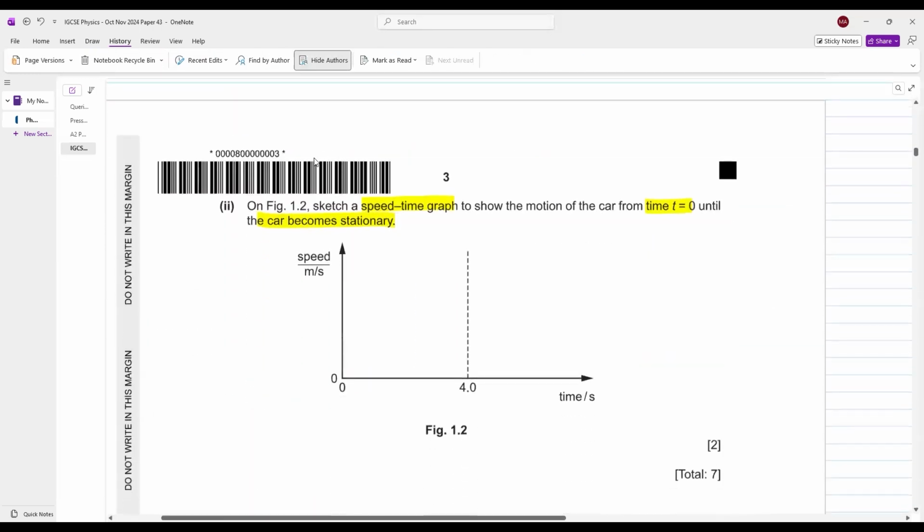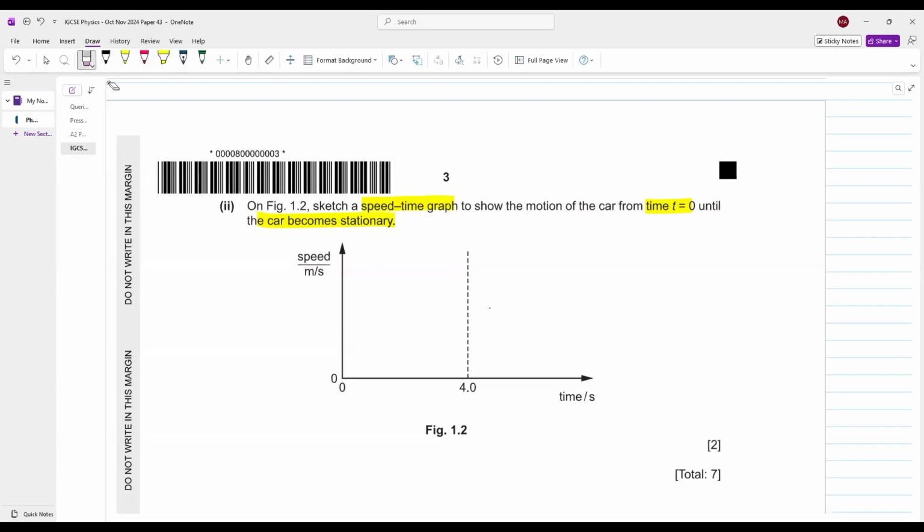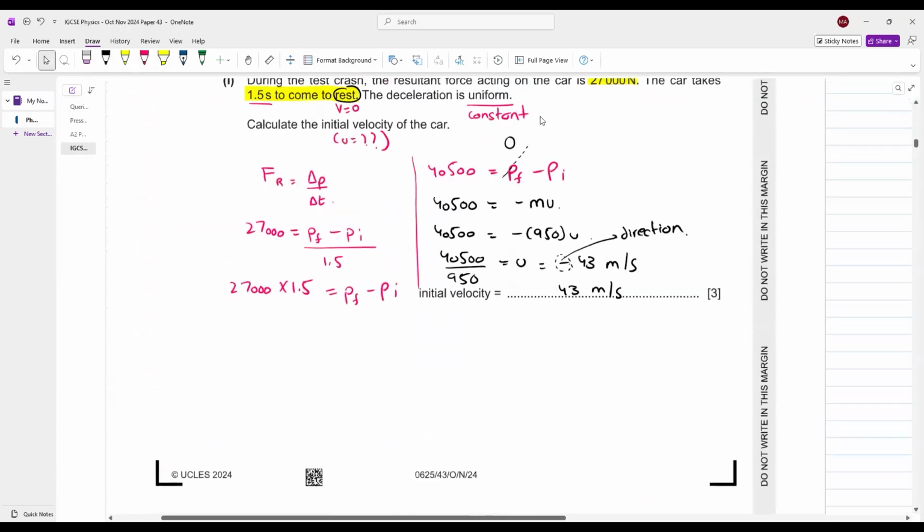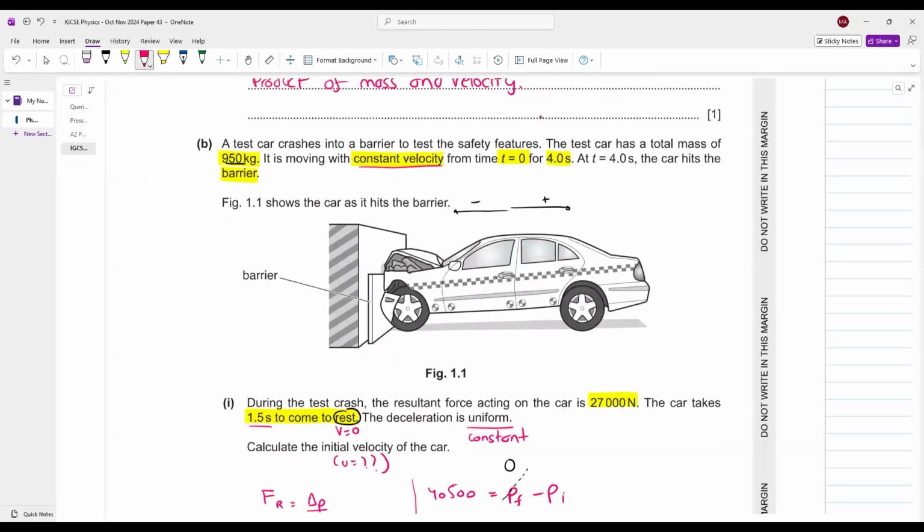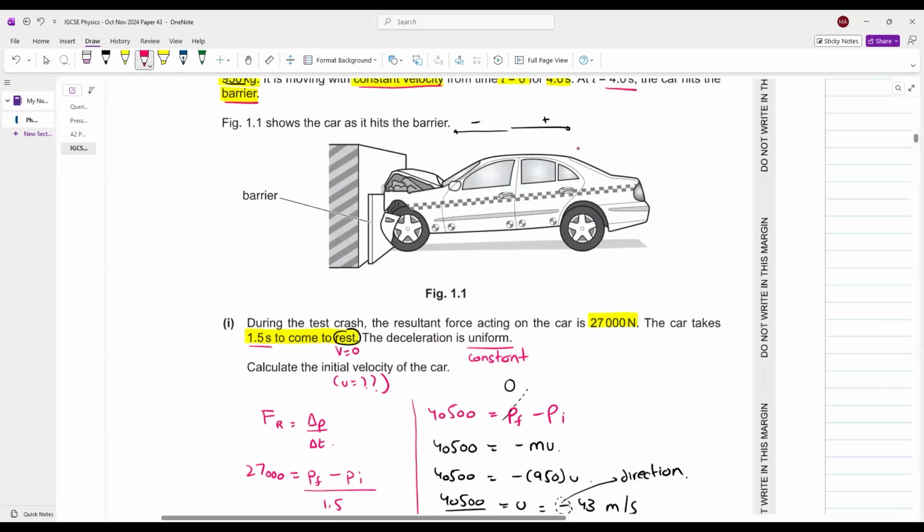That means you will draw a horizontal line from t equal to 0 till t equal to 4 seconds, somewhat like this. Then what will you do? At t equal to 4 seconds, the car hits the barrier and decelerates uniformly.